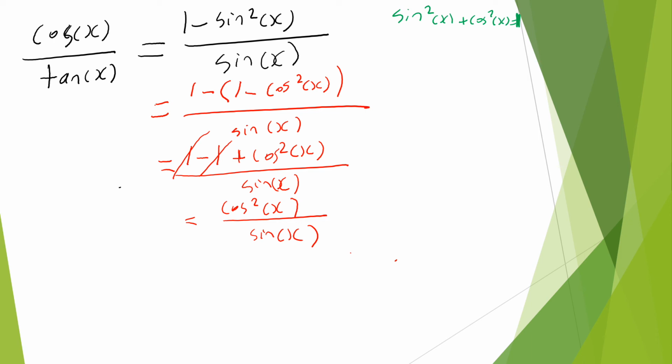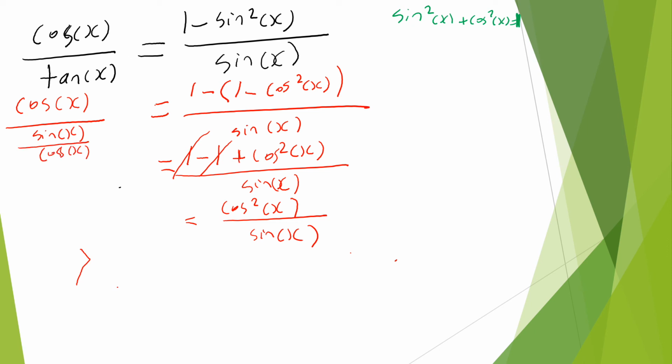This side only has sine and cosine, so I'm going to change this into sine and cosine as well. So hopefully I'll get the same thing. Cosine, I can't change it. The tan can be written as sine x over cosine x.